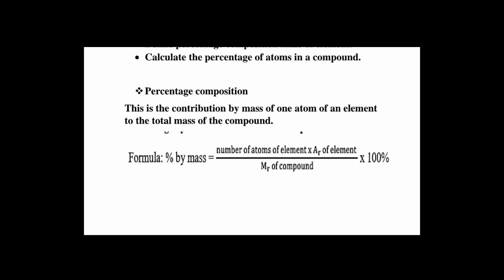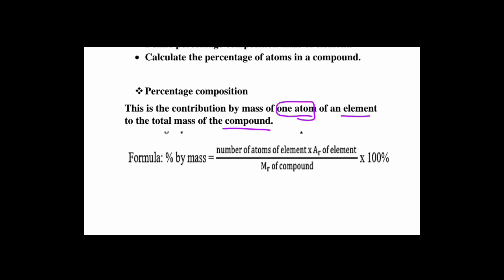Now, when we say percentage composition, what does it mean, my learners? By definition, we say percentage composition is the contribution by mass of one atom of an element to the total mass of a compound.